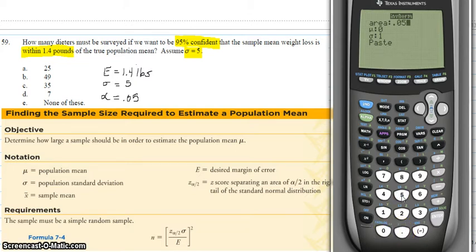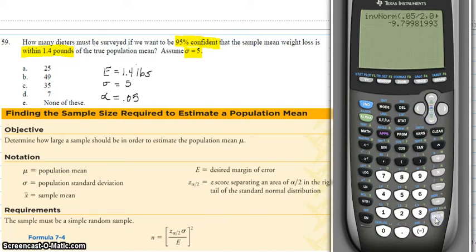We need to divide that by 2 because remember, it's alpha divided by 2. So let's divide that by 2. Our mu is going to be 0, and we're told that our population standard deviation is 5. So let's arrow down to paste, enter, enter again.